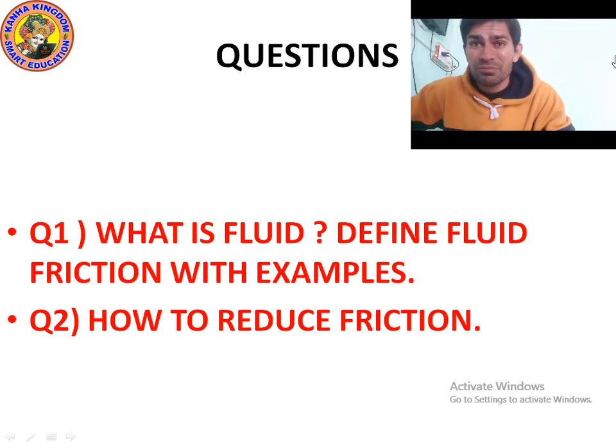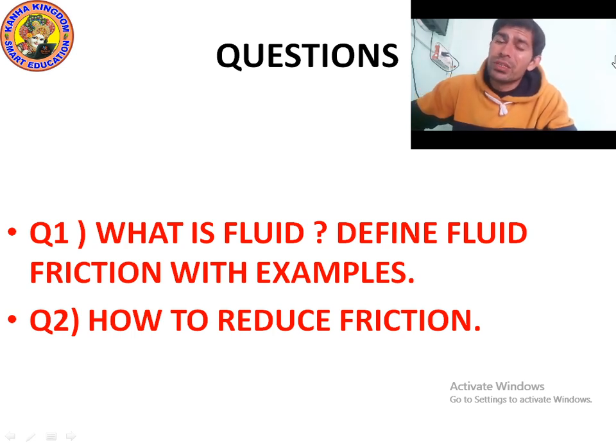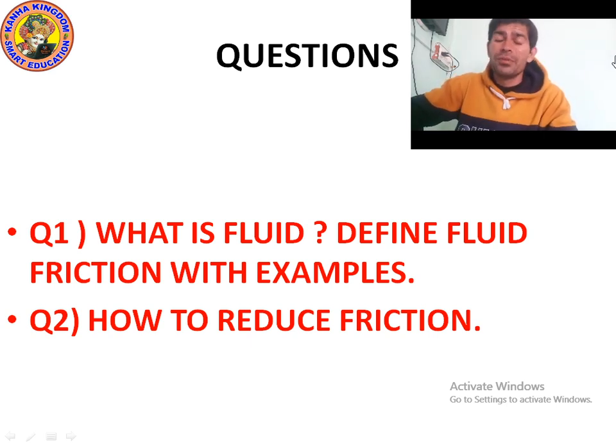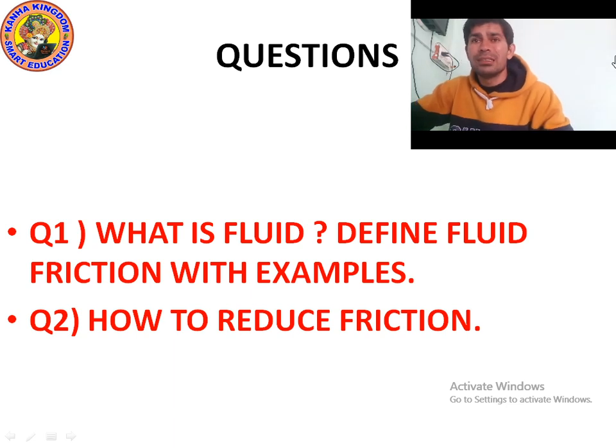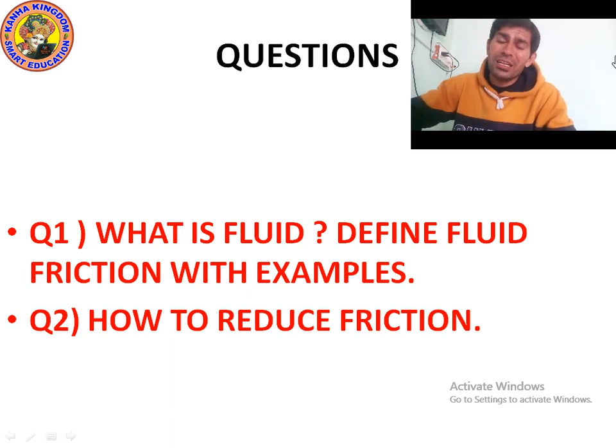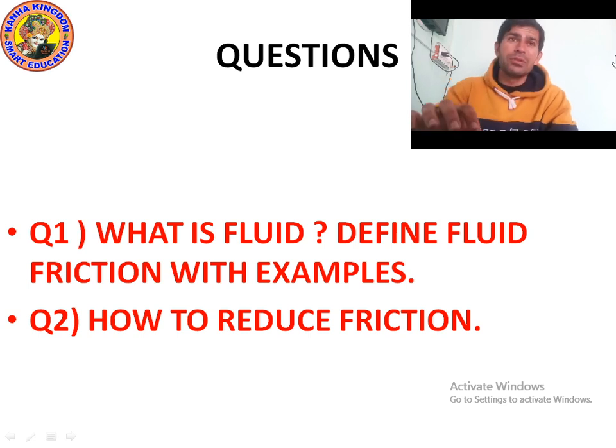So I can say that fluid friction depends upon the speed of the object, shape of the object, and nature of the fluid. If the speed of the object is fast, then fluid friction will automatically reduce. Aeroplanes fly with speed, and due to their streamlined body, the friction force decreases.